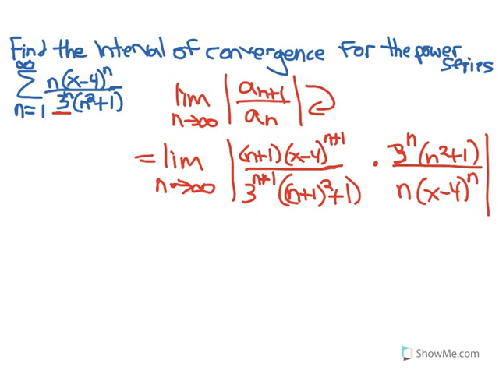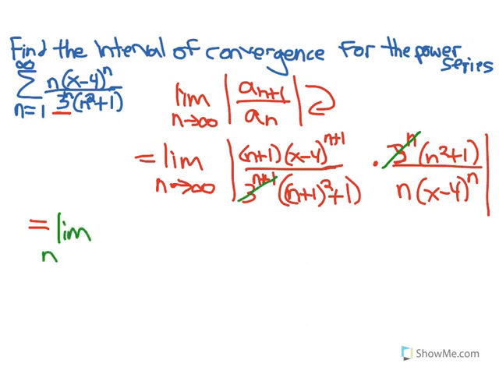Okay, so why was this so helpful? Well, because 3 to the n is our real issue, and we can see that we have 3 to the n on top, and 3 to the n plus 1 on the bottom, so that means that this can completely cancel out and we're just left with one 3 on the bottom.